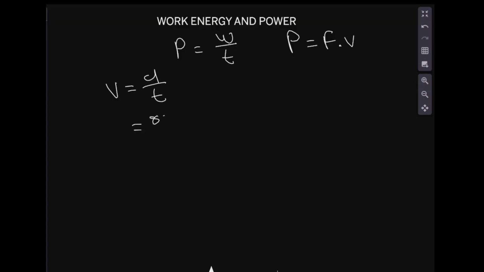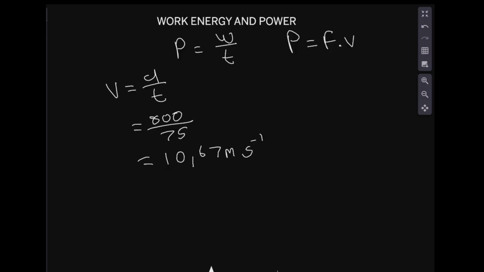We have 800 meters divided by 75 seconds, which gives us the speed at which the participant was moving. That gives us a speed of 10.67 meters per second.